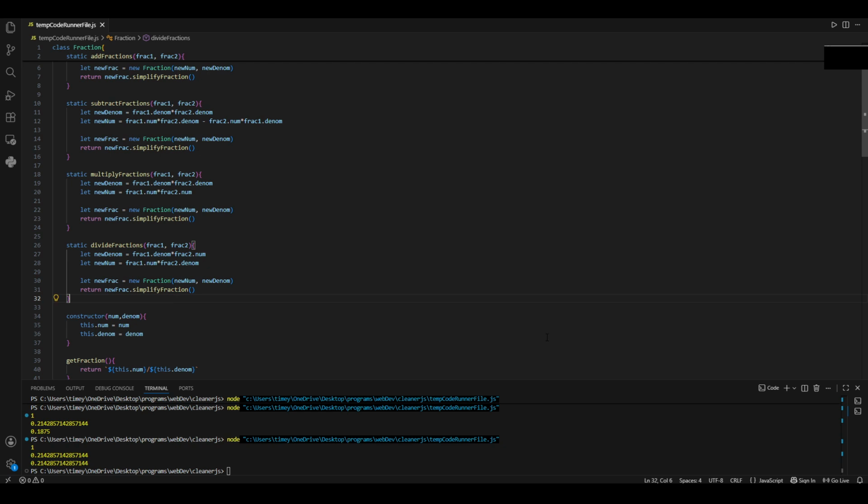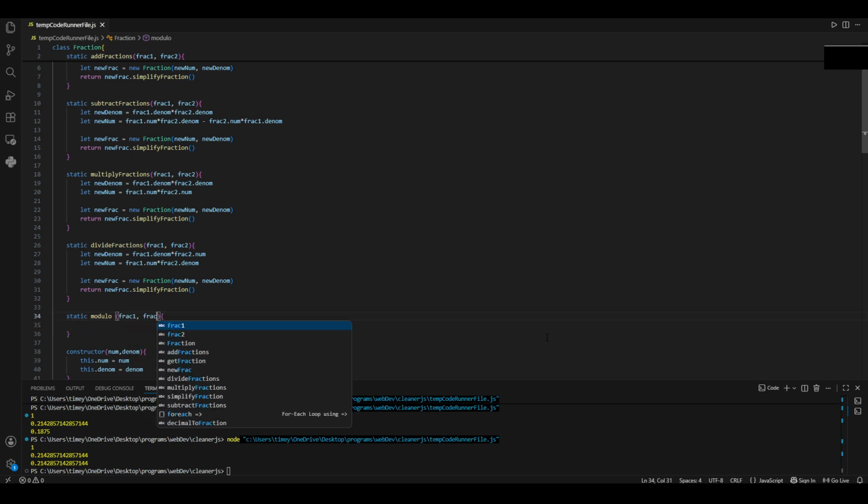So static modulo, one back 2, and then first see how many times it fits.